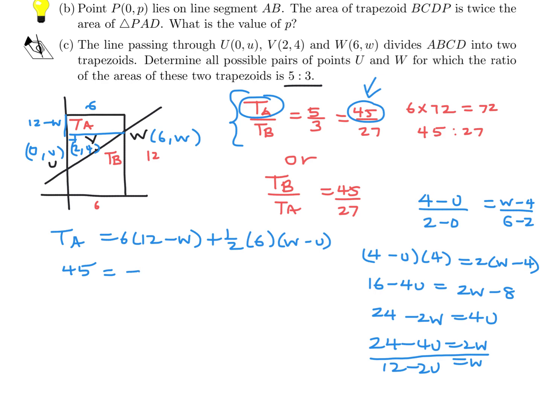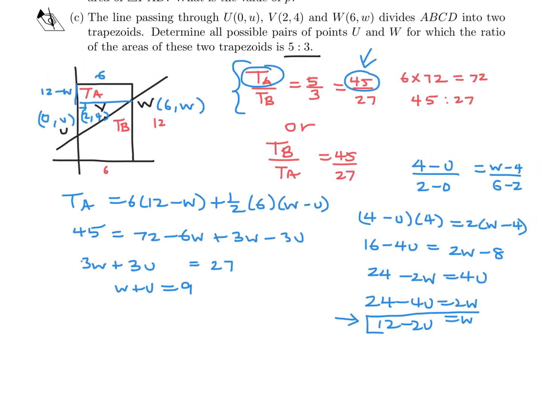So this is going to be 72 minus 6W plus 3W minus 3U, I believe. Let's put everything on one side. So 27 is equal to 3W plus 3U. That means W plus U is equal to 9. That's working out pretty decently. Then we substitute that in, and that will help us solve for one of these.